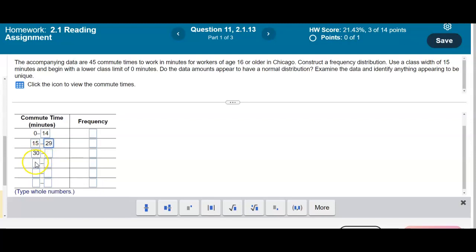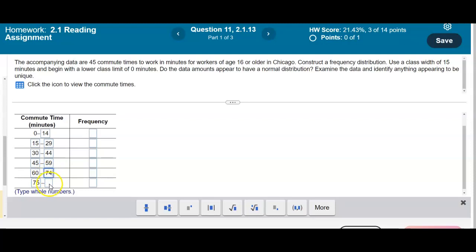We add 15 to 30, and that gives us 45, which makes this upper class limit 44. If we add 15 to 45, it gives us 60, which makes this upper class limit 59. Then we add 15 to 60, that gives us 75, and therefore this is going to be 74.